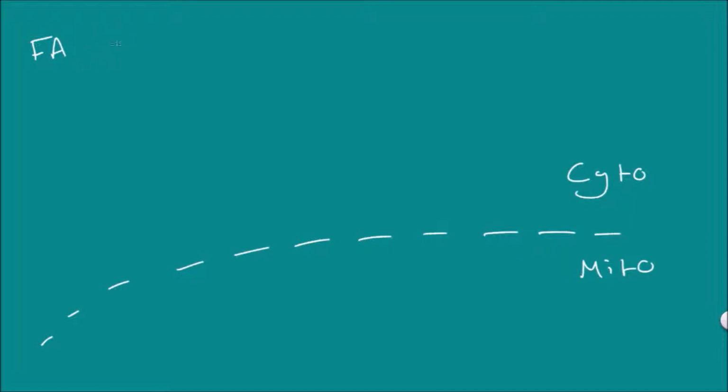That must first be activated. So it joins with coenzyme A, and that will produce acyl coenzyme A. If that name's confused you, it's actually very simple. So coenzyme A is literally just that, sulfur CoA. That's how it's usually referred to.